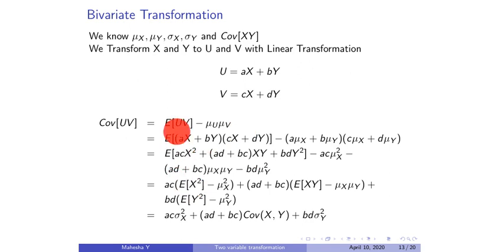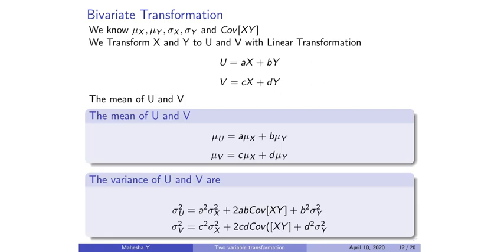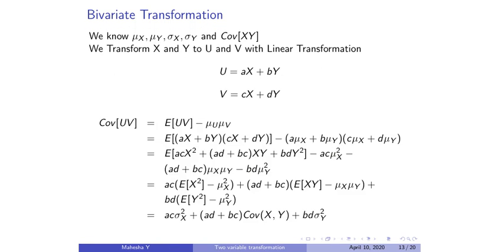So u is ax plus by, v is cx plus dy, mu u is a mu x plus b mu y, and mu v is c mu x plus d mu y. So substituting those values, and I am expanding here: ac x square, ad xy, bc xy, so ad plus bc xy plus bd y square.